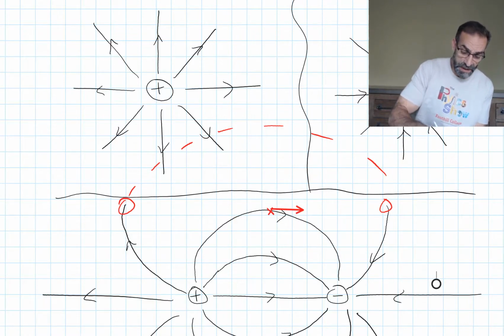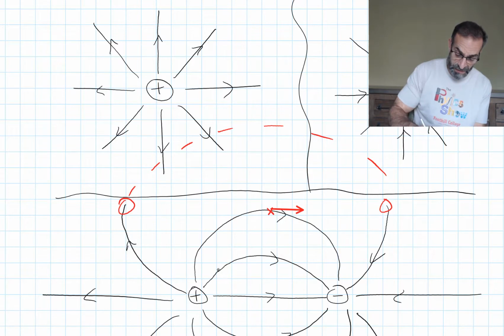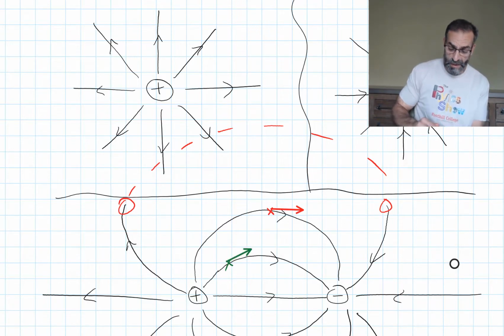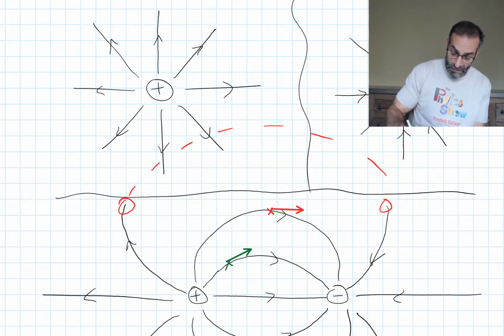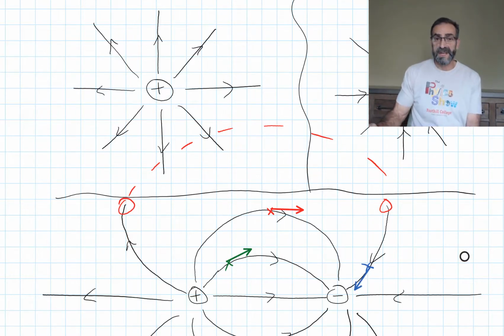And if we wanted to know the direction of the electric field over here, well, it's tangent to the electric field line, so it would point in that direction. And if we wanted to know the direction of the electric field over here, it's tangent to the electric field line there. You get the idea.